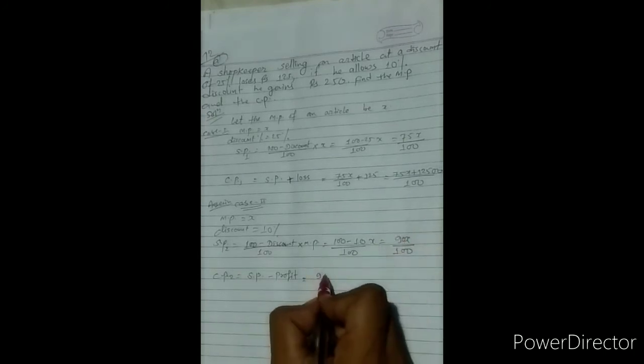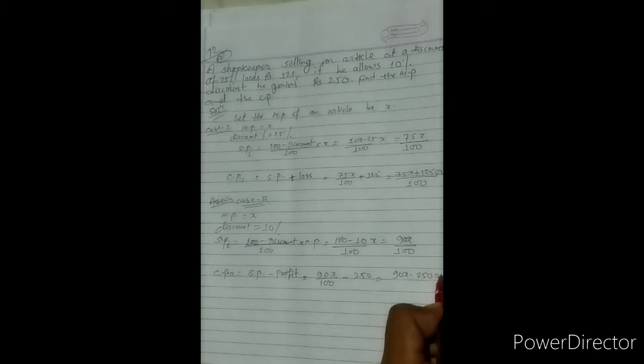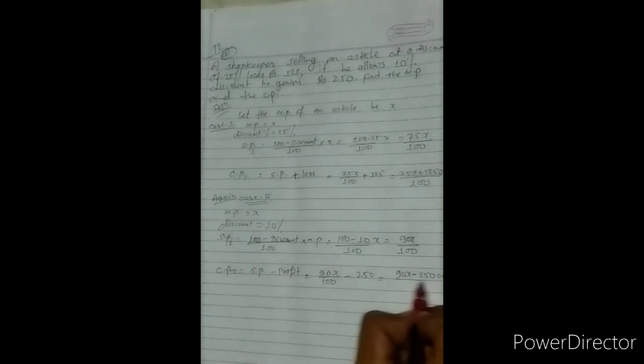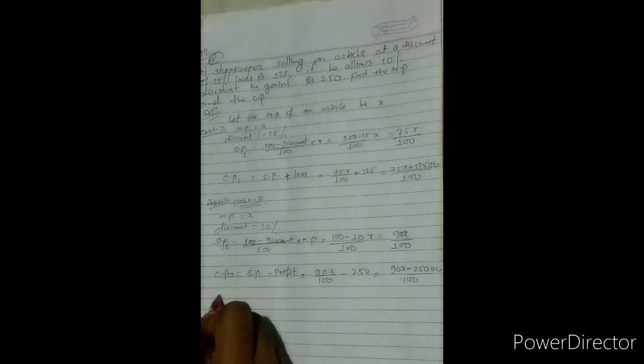Sorry, it must be 90. 90x by 100 minus 250. 90x minus 25000 divided by 100. Now in both cases we get CP, but the CPs are the same.